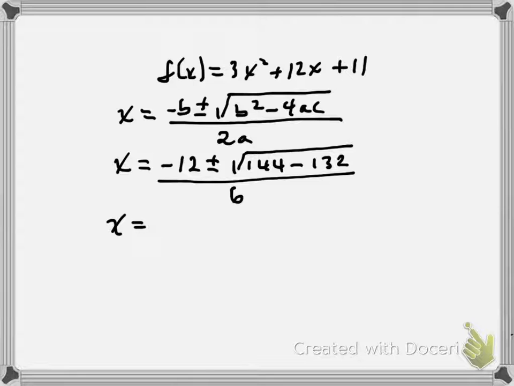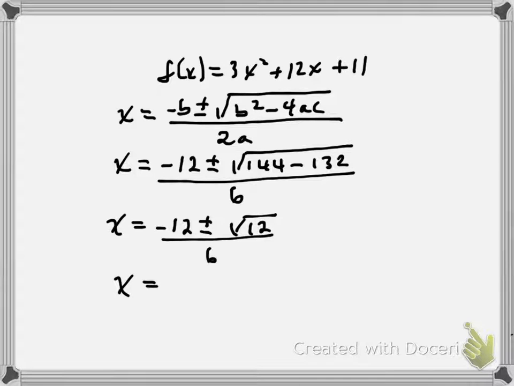So x is going to equal negative 12 plus or minus the square root of 12 all over 6. And so now I have to divide each of these terms by 6.